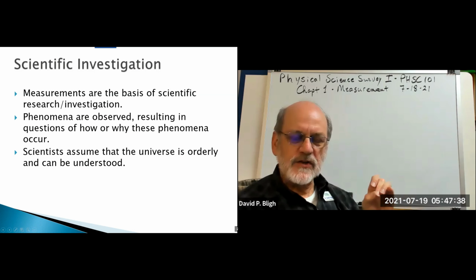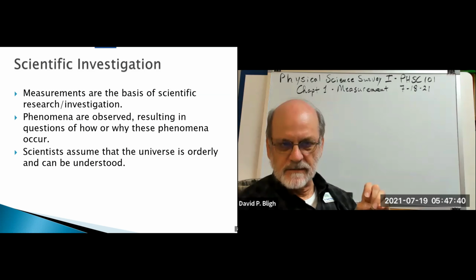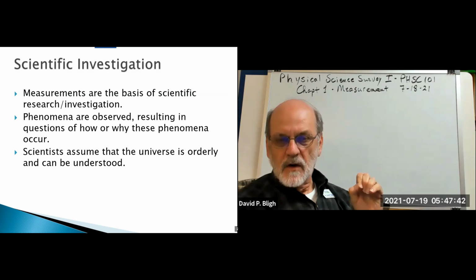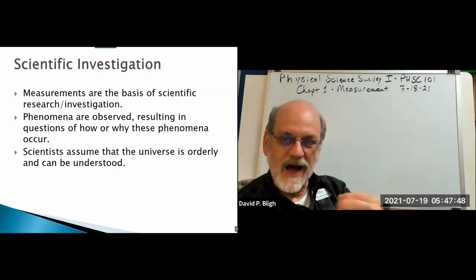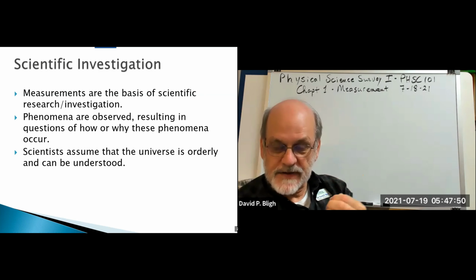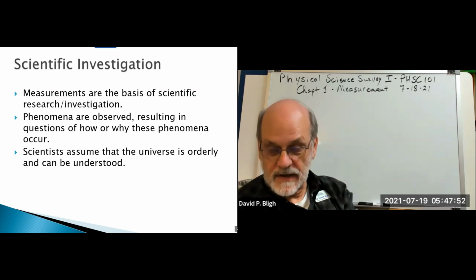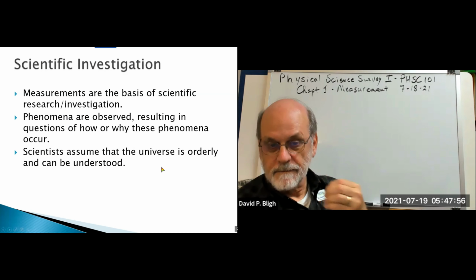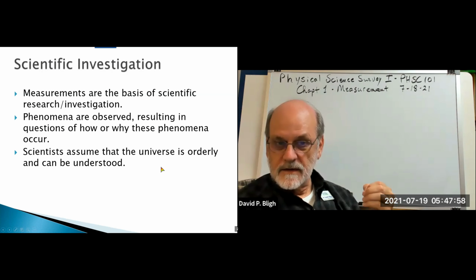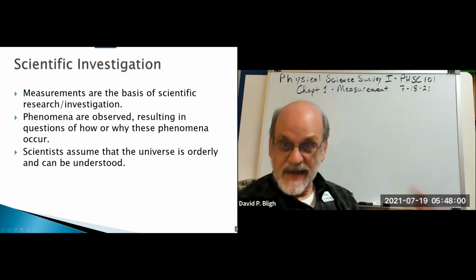What constitutes a scientific investigation? Well, we have to know how we're going to make measurements. We're going to know how we're going to describe the physical phenomenon. And in order to do that, we need a basis for the research.